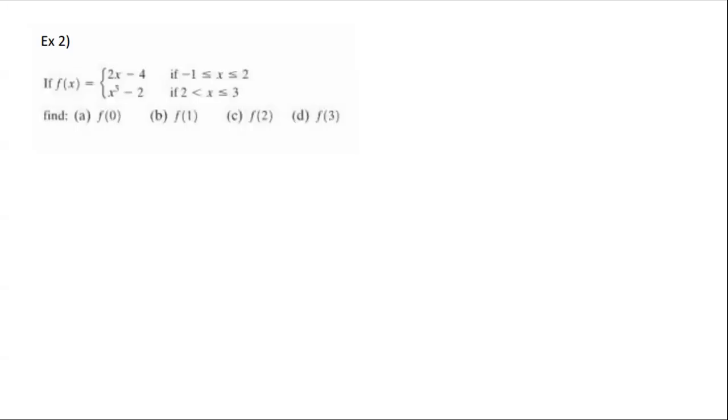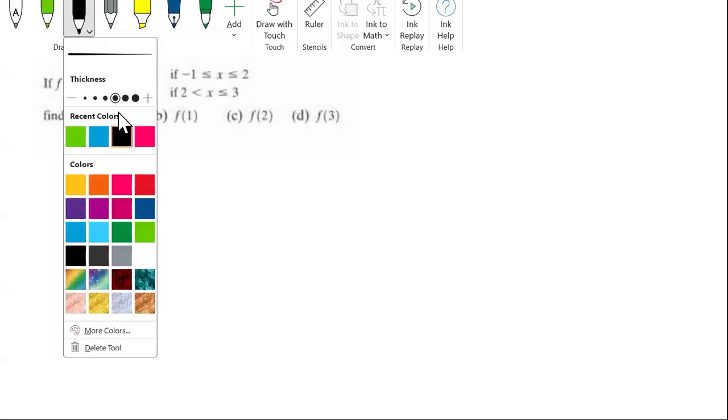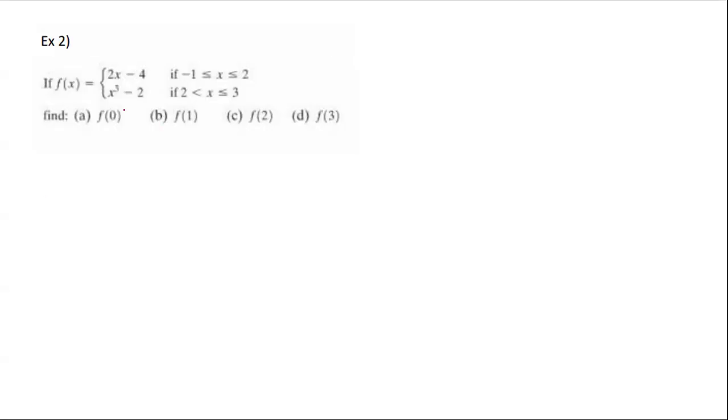Okay, so let's go through here. Again, we need to figure out which equation to use for each of these input values. The first one we have is f of 0. 0 is going to be between -1 and 2.